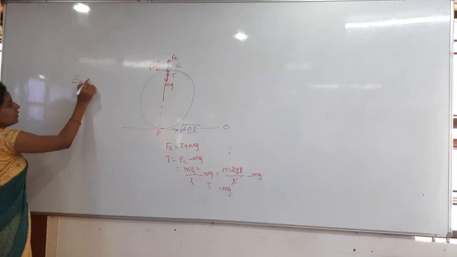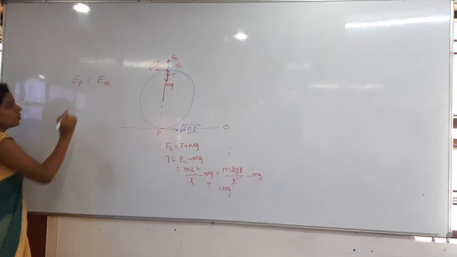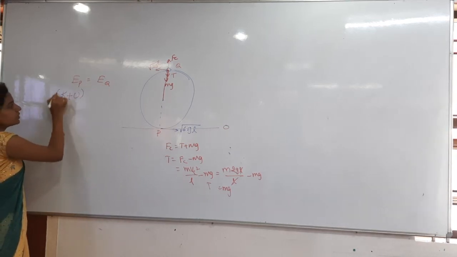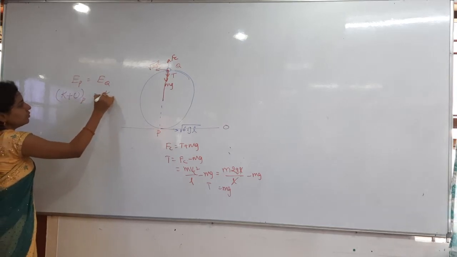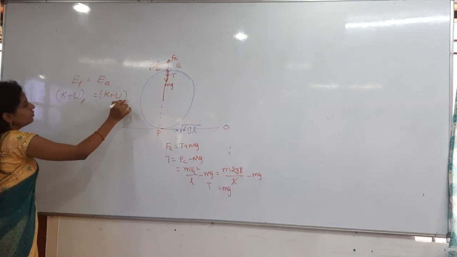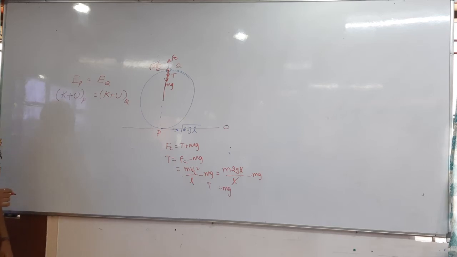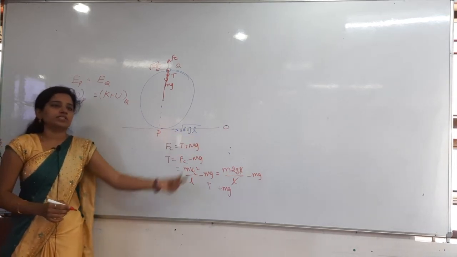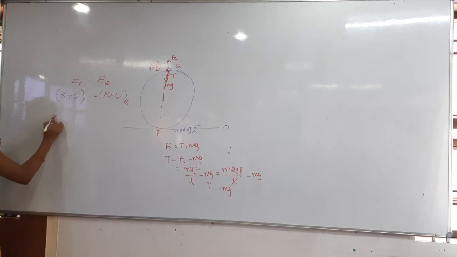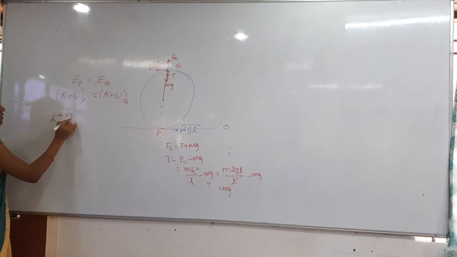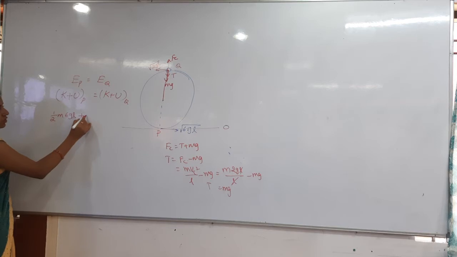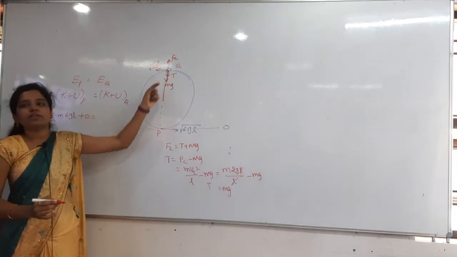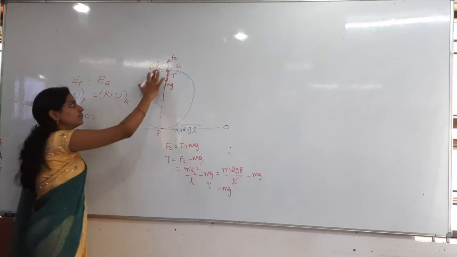Energy at point P is equal to energy at point Q. Kinetic energy plus potential energy at P is equal to K plus U at Q. What is the kinetic energy at P? Half m v square, and the velocity is root 6gl, so half m into 6gl, plus potential energy, which is 0. Then kinetic energy at the topmost point is what you have to find out.